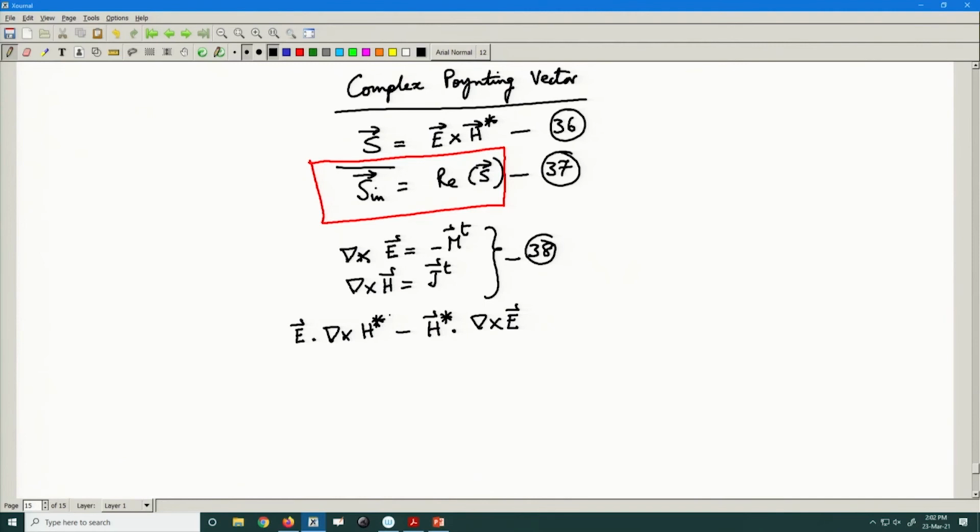So, that is equal to E dot J_t star plus H star dot M_t. Call this 39.